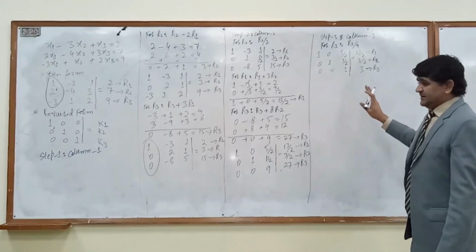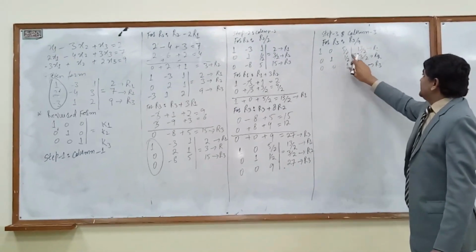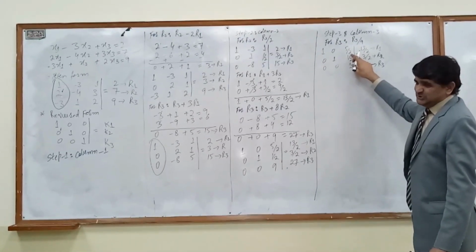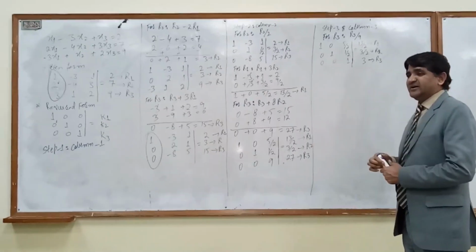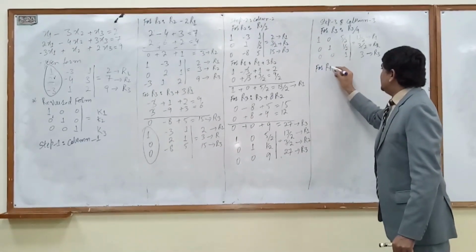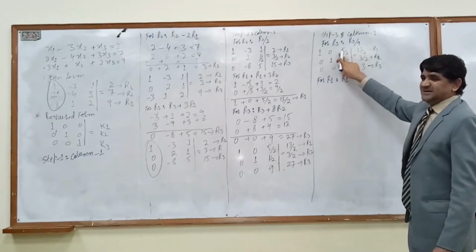Then remember, first of all we solve for R1. What is given? 5 by 2. What is required? 0. So we are going to solve for R1. What is the sign here? Plus.